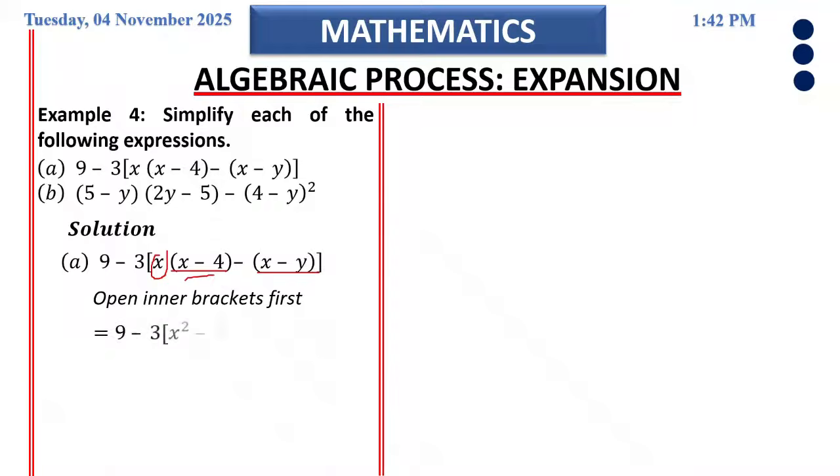So let's quickly do that. From there, 9 minus 3, x times x gives us x squared, and x times minus 4 gives us minus 4x, and minus times x gives us minus x, minus times minus y is plus y, because minus times minus is plus.